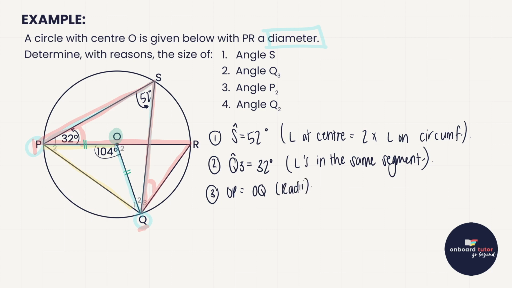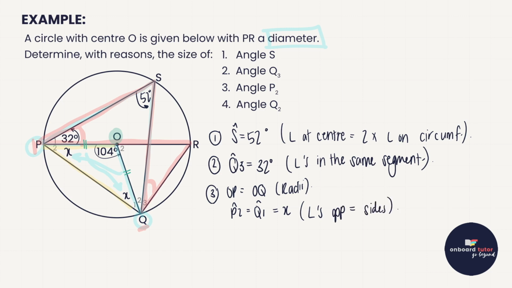And then I'm going to call this X and this X, okay? Because anything opposite an equal side is equal. So those two are equal.